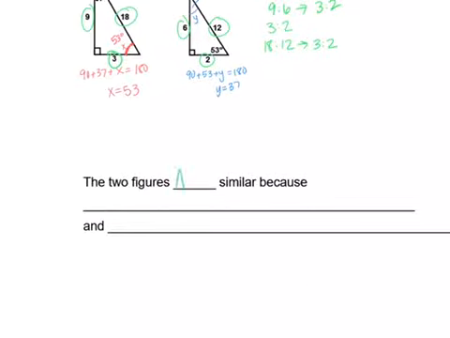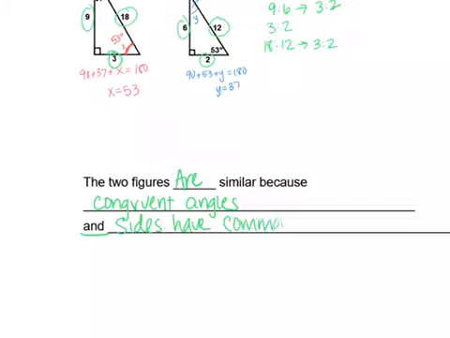So these two figures are similar because they have congruent angles and the corresponding sides have a common ratio. So those two pieces are there. The angles are the same, and if the angles aren't the same, they can't be similar. And the sides are congruent. The congruent sides have a common ratio.